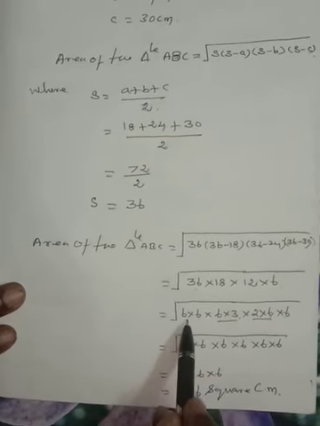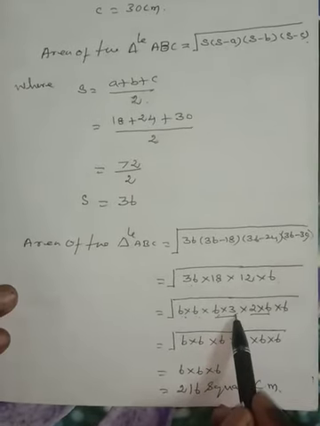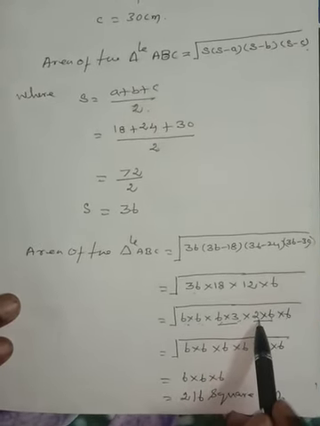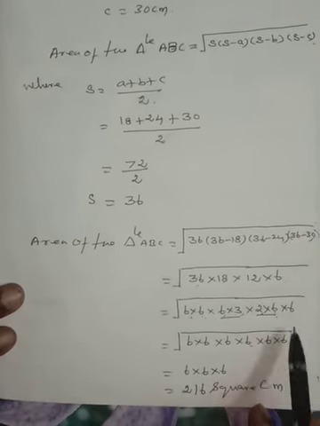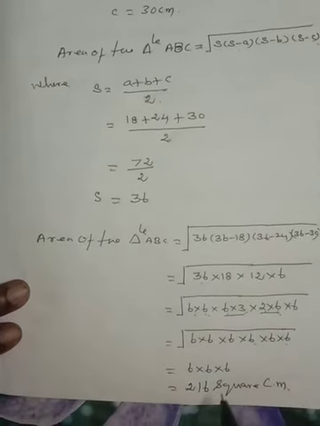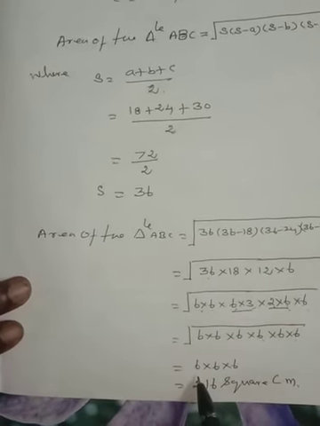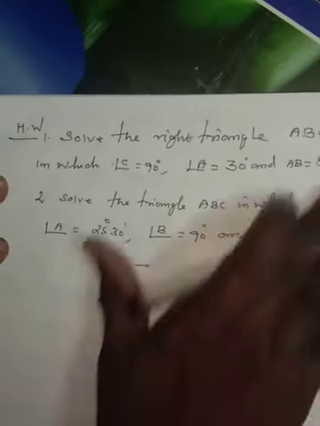Now 6 into 6 into 6, and the last 6. So how many 6 are there? Six 6s. Taking square root on both sides, we get 6 into 6 into 6, 216 square centimeter.